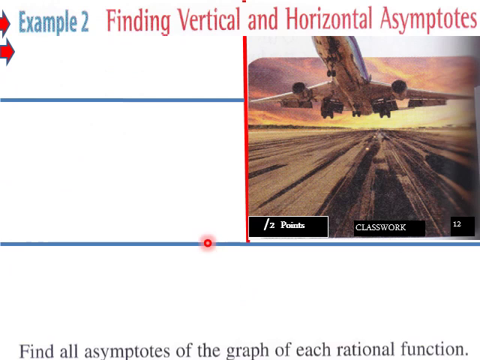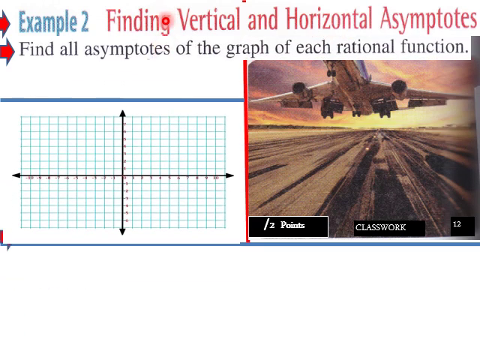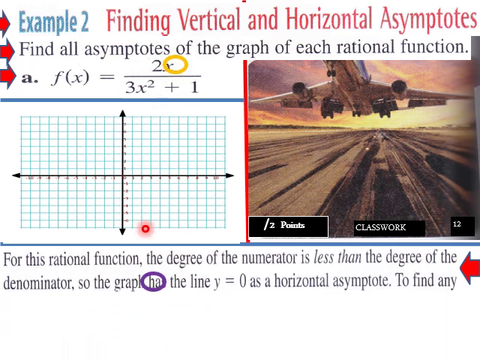Let's get into an example now of finding vertical and horizontal asymptotes. For this rational function, the degree of the numerator is less than the degree of the denominator. Here the degree is 2 in the denominator, and 1 in the numerator.